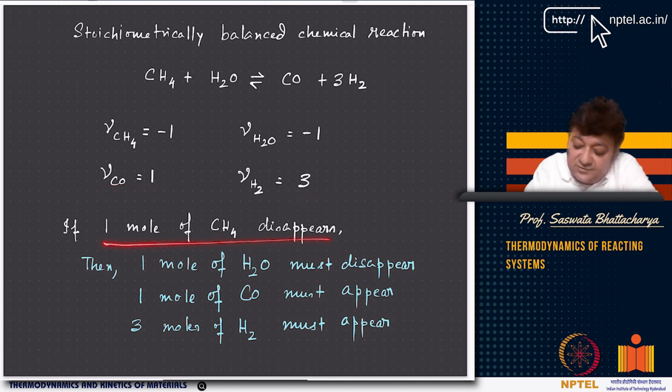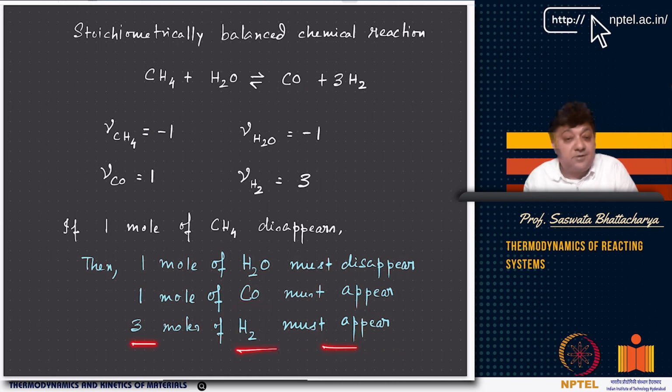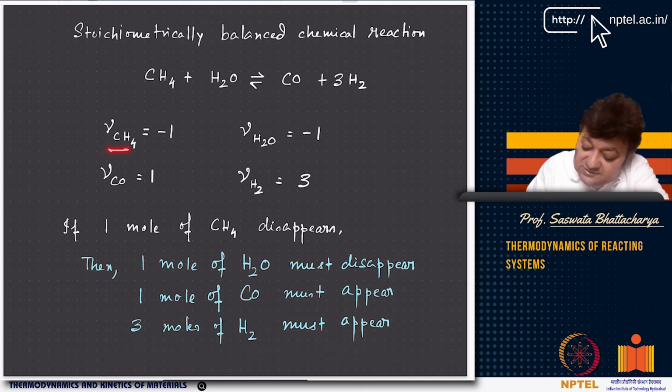If 1 mole of CH4 disappears, then 1 mole of water must also disappear, 1 mole of CO must form, and 3 moles of hydrogen must form. So the stoichiometric coefficients of methane and water are minus 1, for carbon monoxide is 1, and for hydrogen is 3.